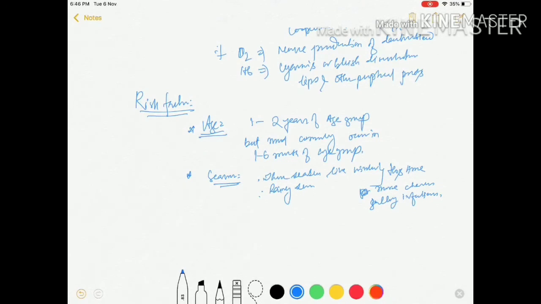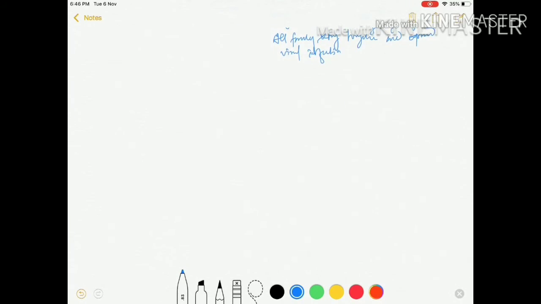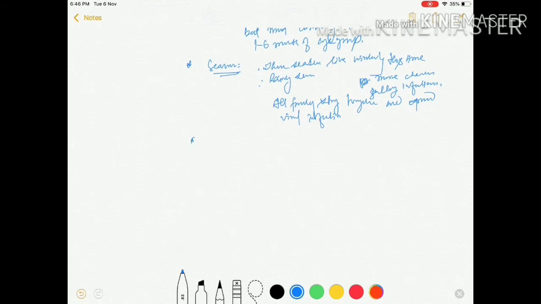Because all family members stay together and viral infections spread. So after season, another one is close contact with anyone who is spreading respiratory viral infections.